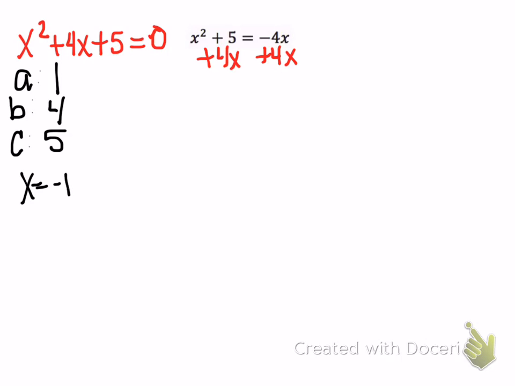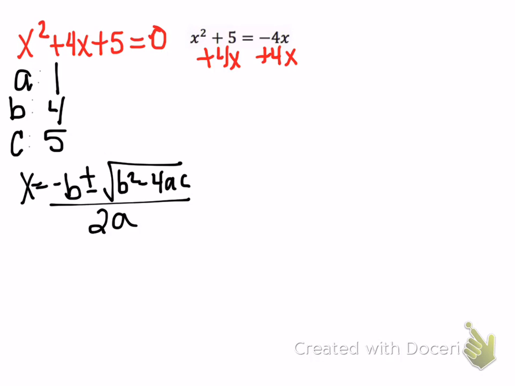X equals the opposite of B plus or minus the square root of B squared minus 4AC all over 2A. Okay, so using that as my foundation, now I'm going to begin plugging my values in.